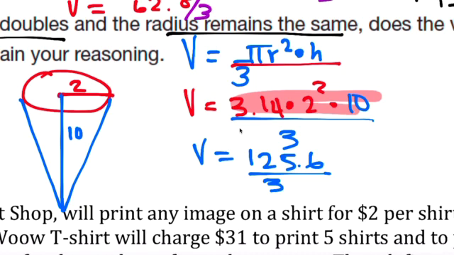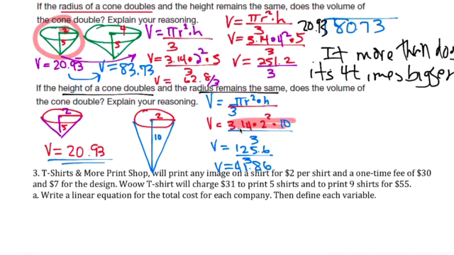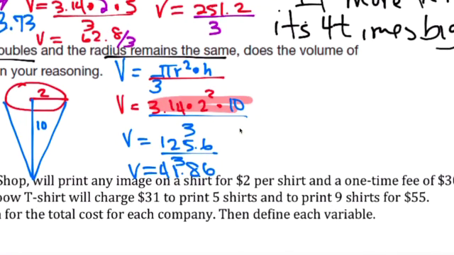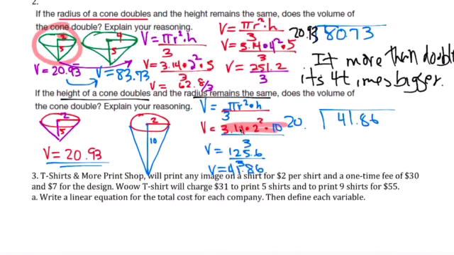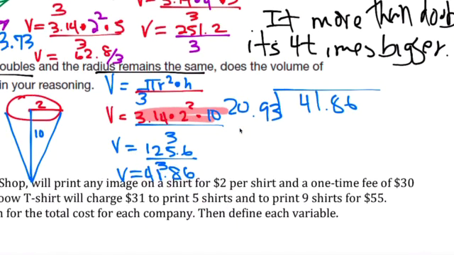You get volume equals to 41.86, right? So it looks like it doubled, pretty much. To find out for sure, you divide by 20.93, you'll get exactly 2 times bigger. Yes, it doubled. So you divide, you get 2, right?